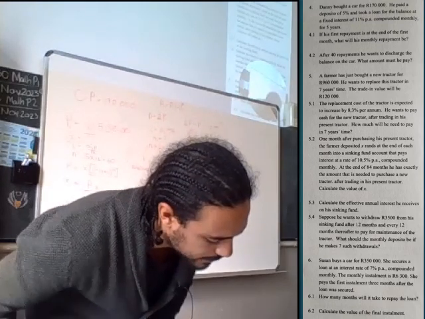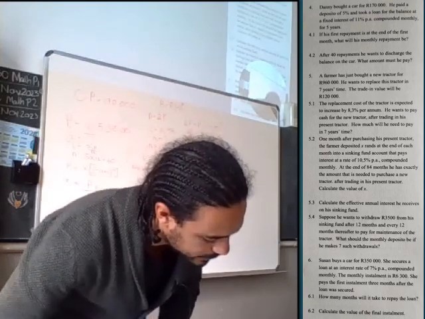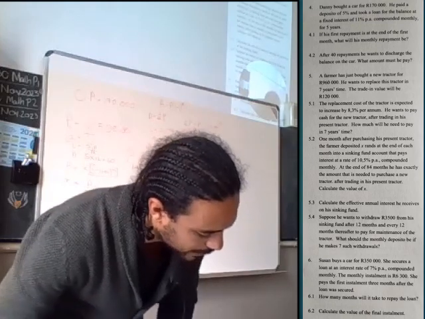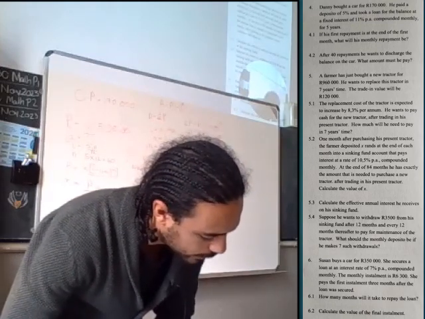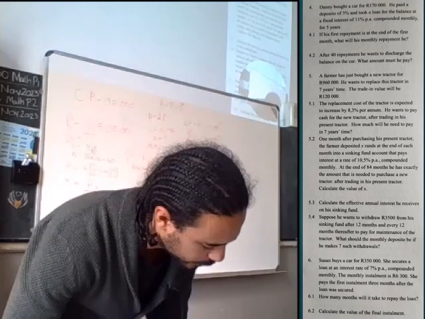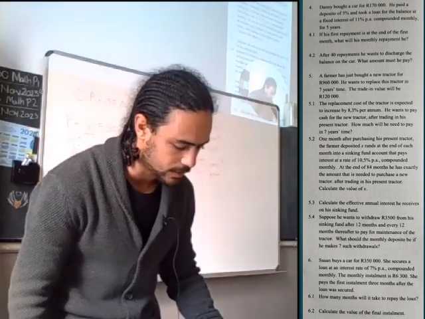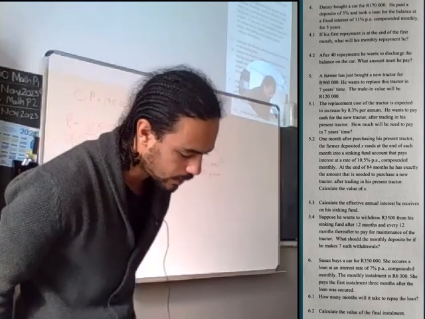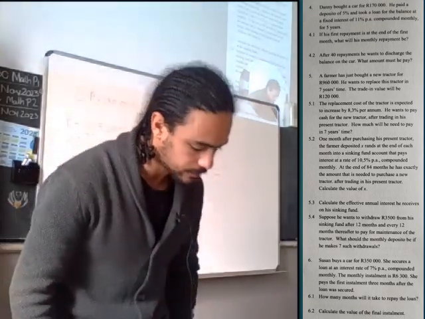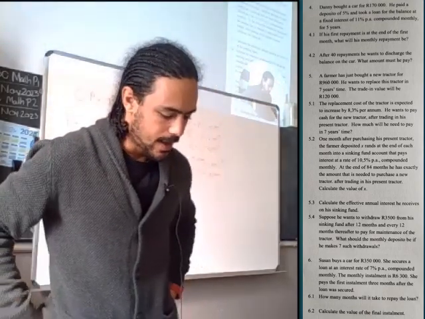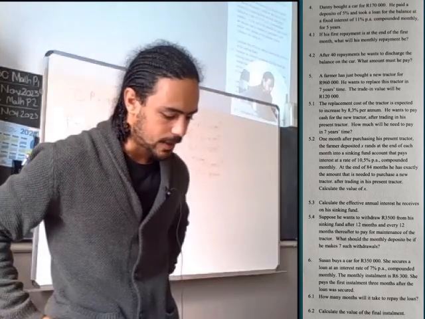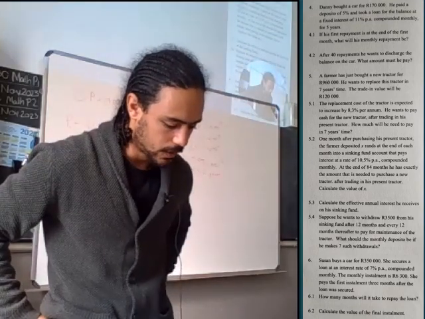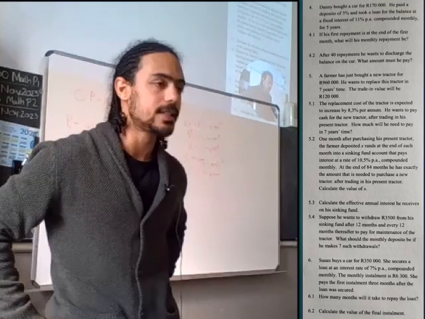He wants to replace this tractor in 7 years' time. The trade-in value will be 120,000. 5.1. The replacement cost of the tractor is expected to increase by 8.3% per annum. He wants to pay cash for the new tractor, after trading in his present tractor. How much will he need to pay in 7 years' time?